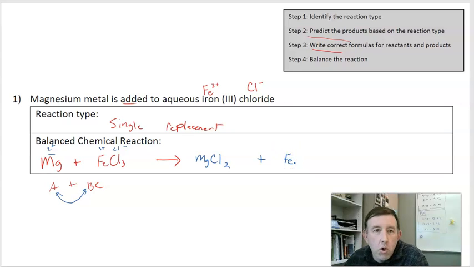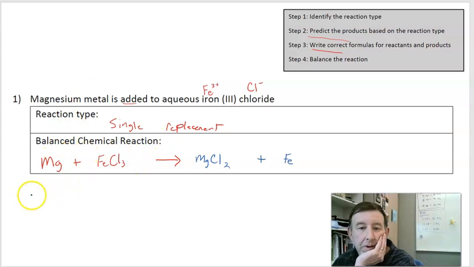Okay, so with all that being said, we need to go back and balance this bad boy right here. So I've got magnesium being added to iron chloride to form magnesium chloride and iron. So in order to balance this reaction, I'm going to list my elements off to the side.